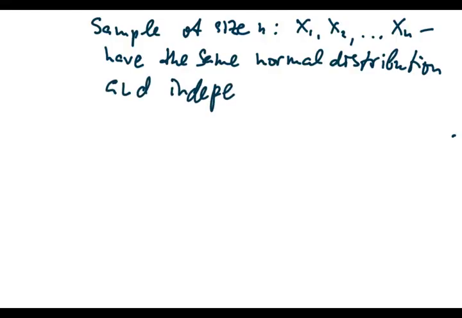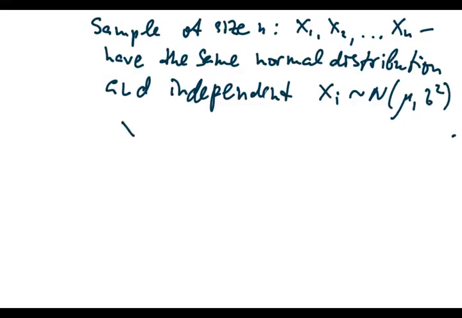Now I didn't forget to point out their independence. Xi has normal distribution with expected value mu and variance sigma squared.